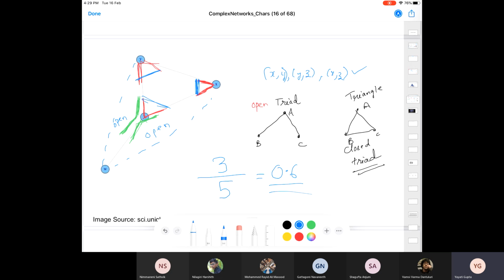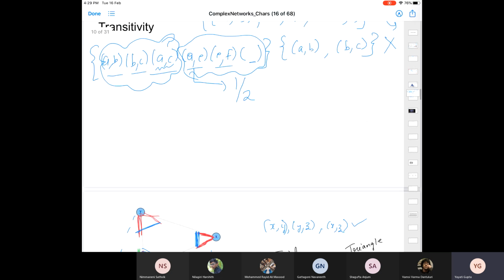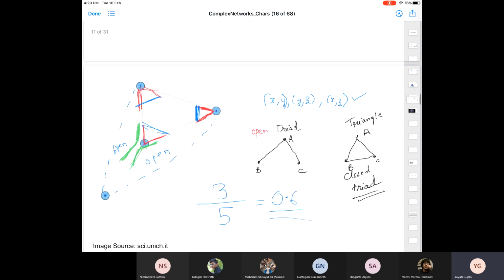Okay, I think we are up on time. We did cover very little today. What we are going to discuss tomorrow is, so this was one way of looking at transitivity in a network, which is at the network level. So you see what fraction of these triads are closed. Tomorrow we'll try to look at this phenomenon more at a local level. Try to think, what do I mean when I say I'm looking at it at a local level?